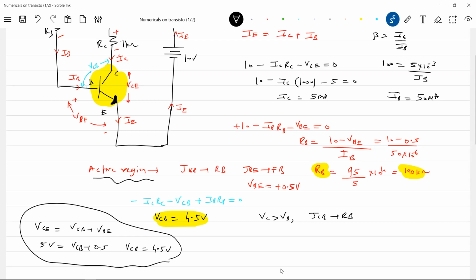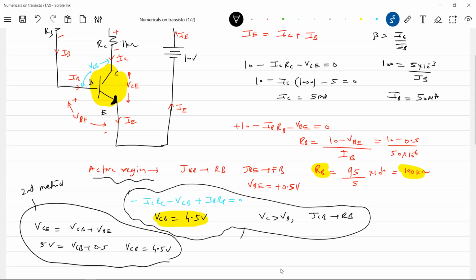Second approach. All these are not concepts, these are just different approaches, different methods. You can write this, there's no harm.